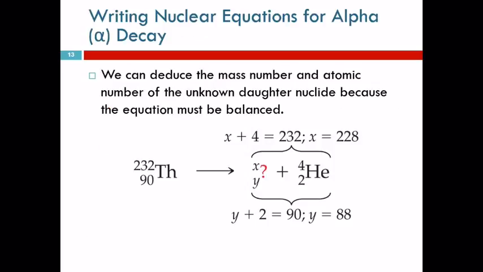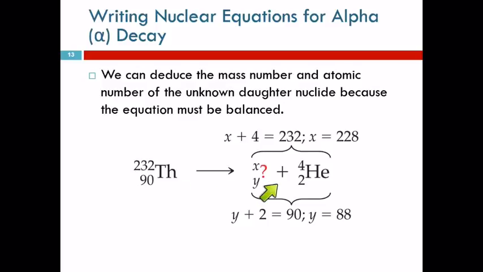So how do we figure this out? Here's thorium-232. It emits an alpha particle. And then we have to figure out what it makes. What's left after this comes off? We take this 4 and subtract it from the 232. So x here must be 228, because 228 plus 4 will equal the 232. The mass numbers on each side have to be equal, and the atomic numbers have to be equal.